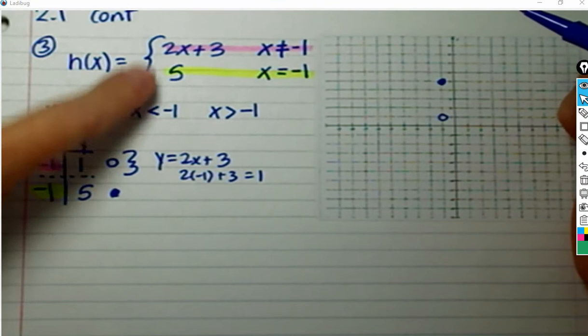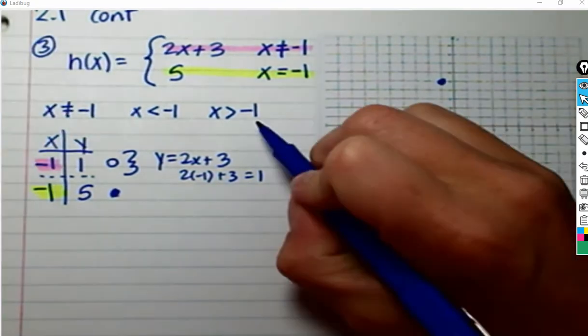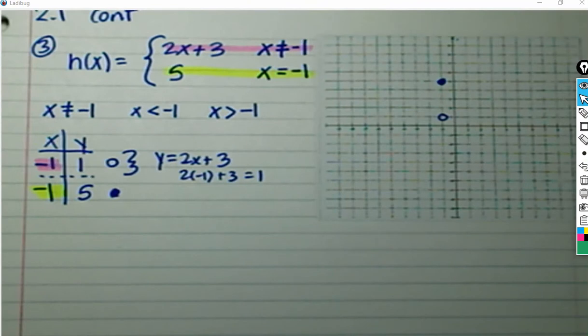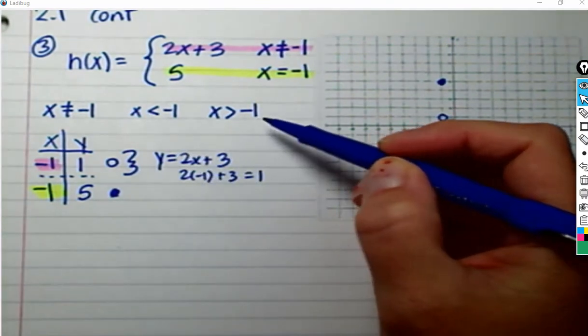And then I need to count this slope to the left and to the right of that point, both directions. So it's kind of like you have to graph two lines, one to the left and one to the right.